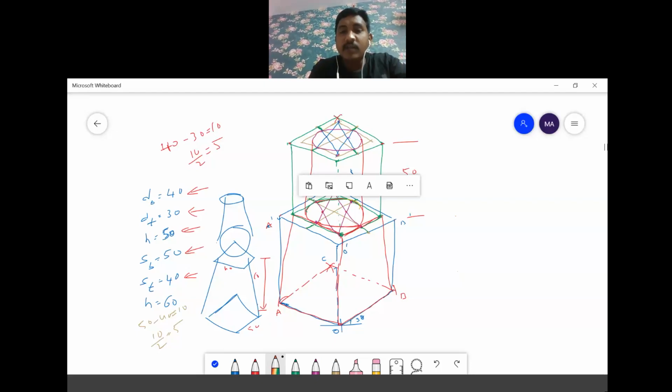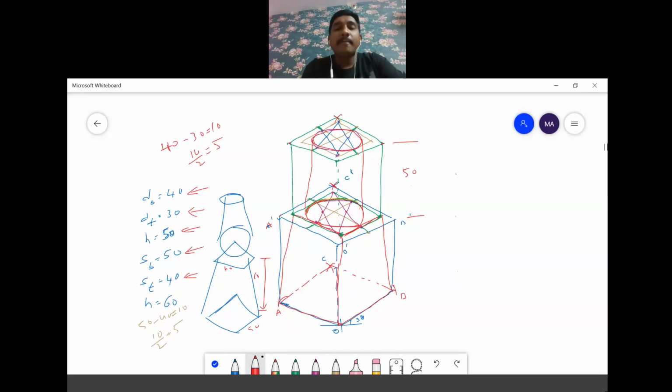You can draw it in a dotted line. This is the hidden part. All the other things which I have drawn in red color should be dark. This circle also should be dark, and all the other lines should be dark. And this rectangle is also dark.